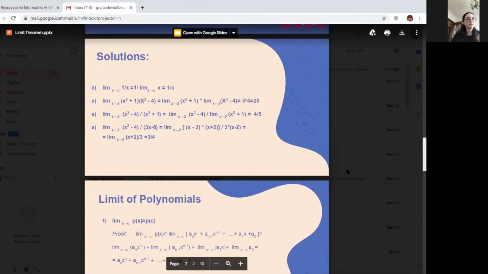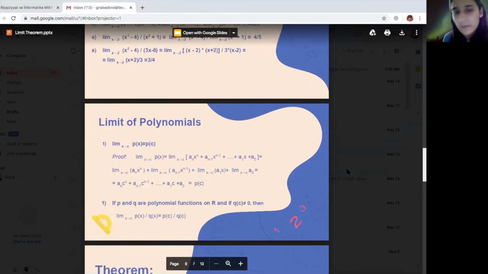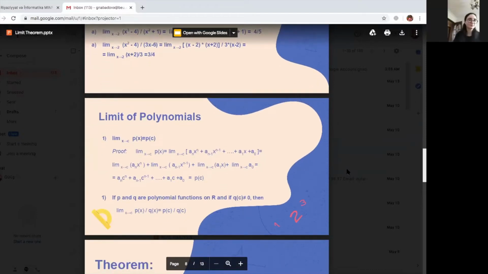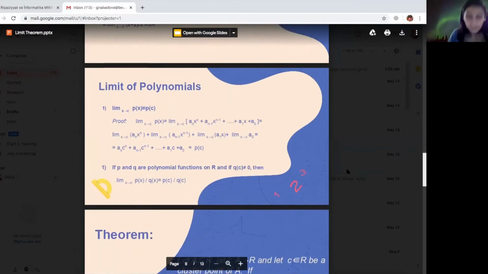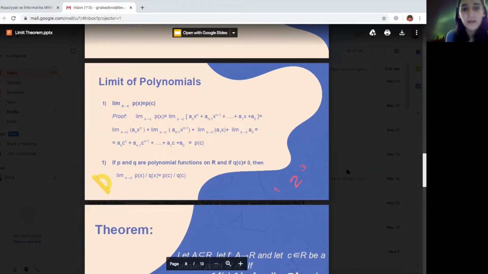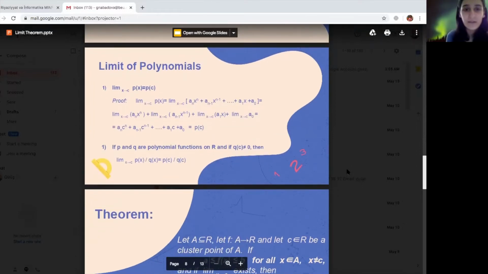In the next slide, we'll talk about limits of polynomials. And actually here we have a proof, and I will talk about it. For the limit of polynomials, for example, we have the limit as x approaches c of a polynomial p(x), and we will get p(c).